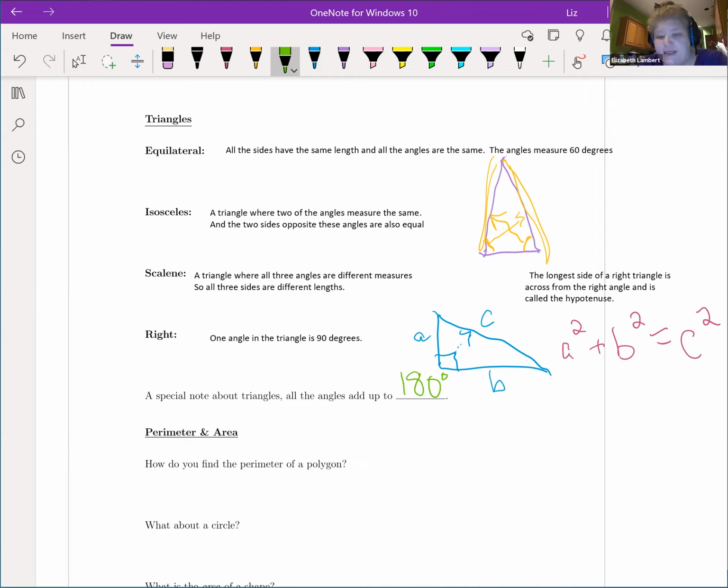So one of the things I like to do, if you've got a niece or a nephew or a kid to play around with this, is have them draw a triangle and cut it out, and then rip each of the angles off and put them together with all the vertexes together, and it'll make a straight line, assuming you cut it straight and not wibbly wobbly. As long as you rip the full angle off, it'll line up.